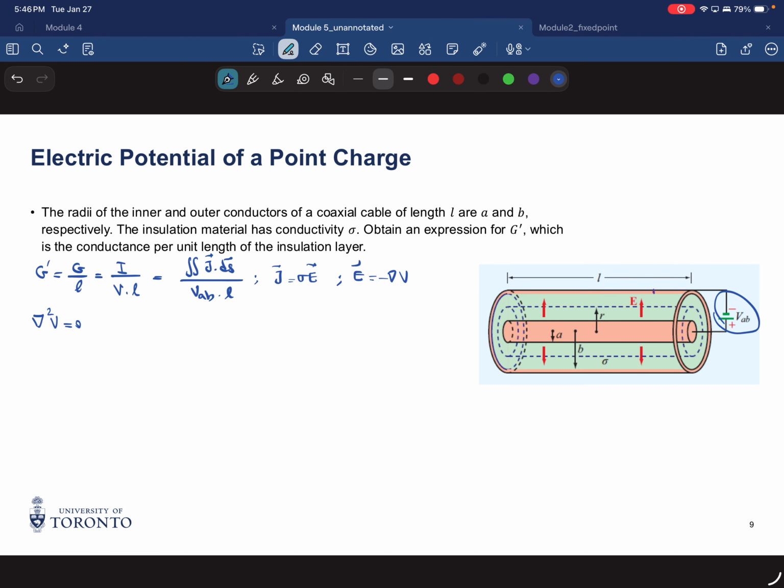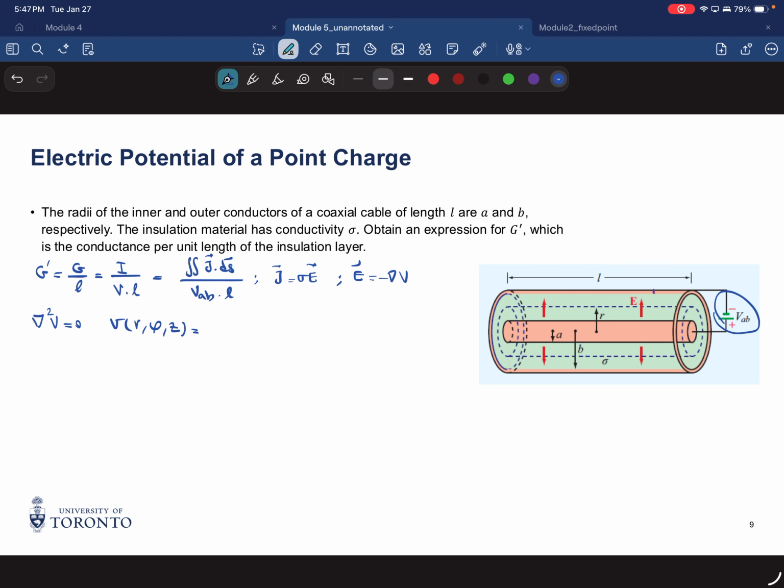Cylindrical coordinate system. So V generally is a function of 3 variables in cylindrical coordinate system. What are those 3 variables? Three variables of cylindrical coordinate system. What are they? R, phi, z. R, phi, z. Thank you.